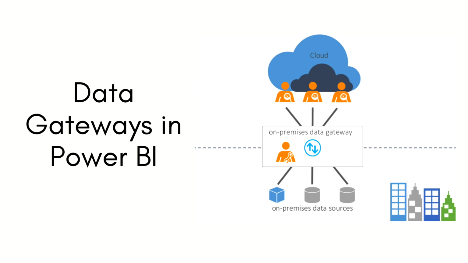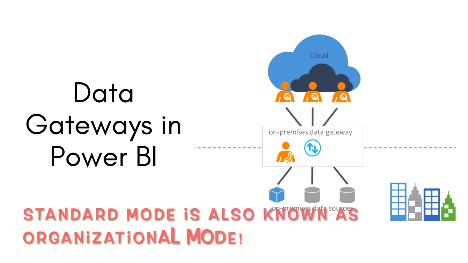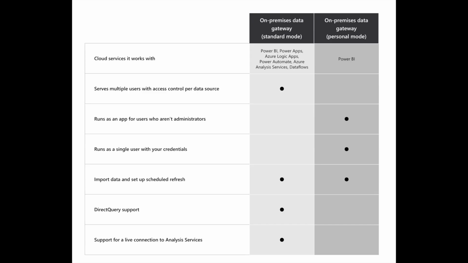Now I'm going to talk to you about what the organizational mode is and what the personal mode is, when you should go for the personal or when you should go for the organizational mode. So let's discuss the organizational mode first. Organizational mode allows multiple users to connect to multiple on-premise data sources and is suitable for complex scenarios.